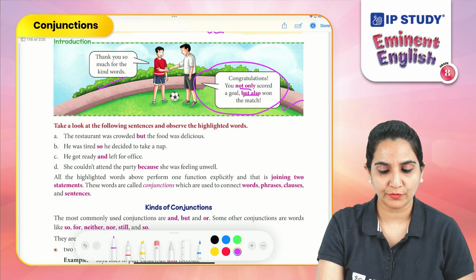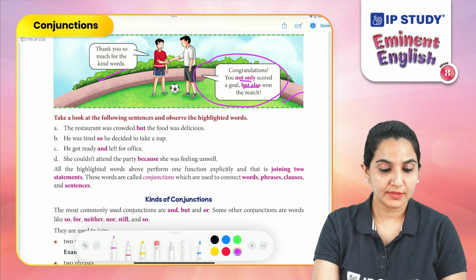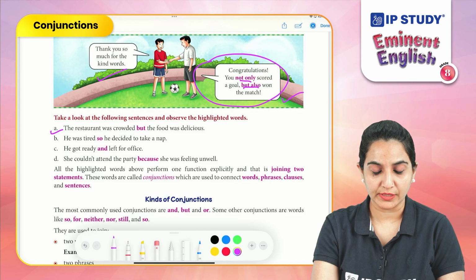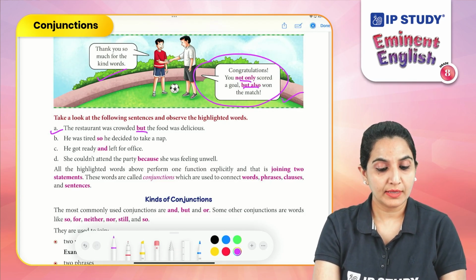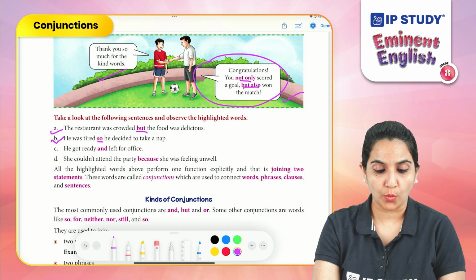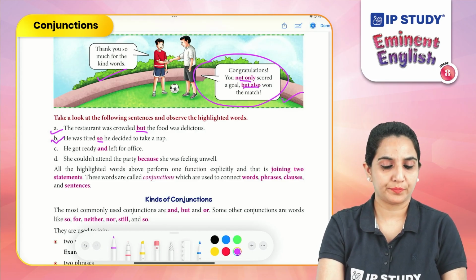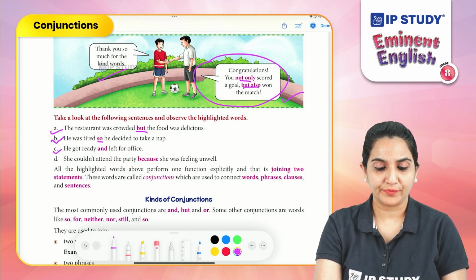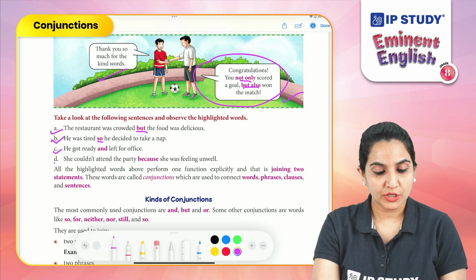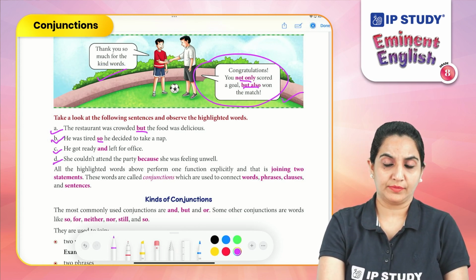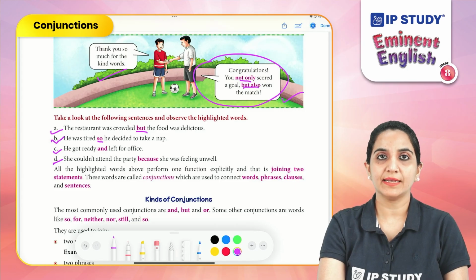Let's look at the following sentences. The restaurant was crowded, but the food was delicious. He was tired, so he decided to take a nap. He got ready and left for office. She couldn't attend the party because she was feeling unwell.